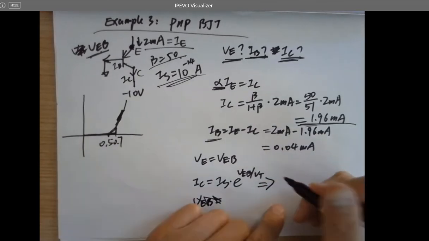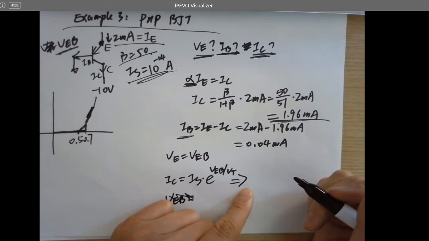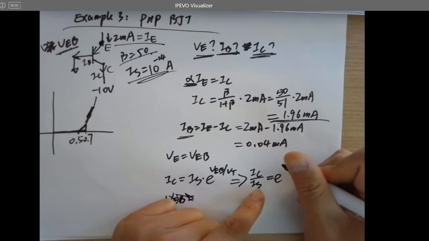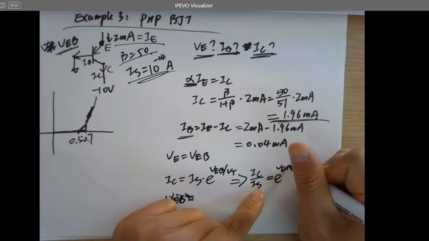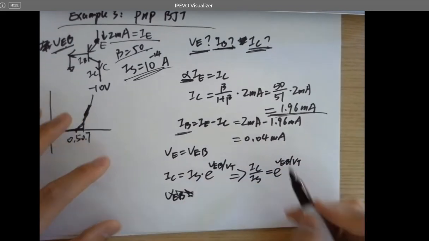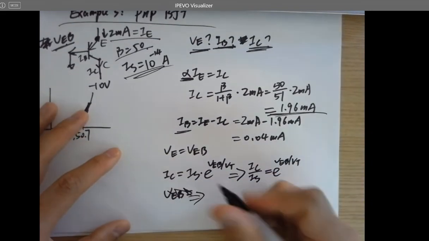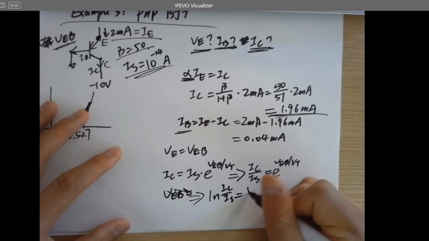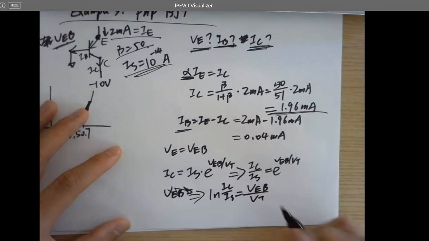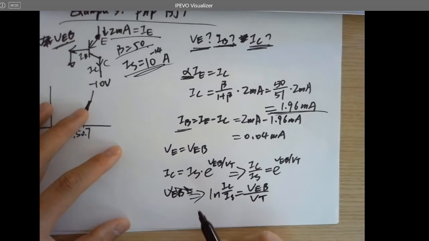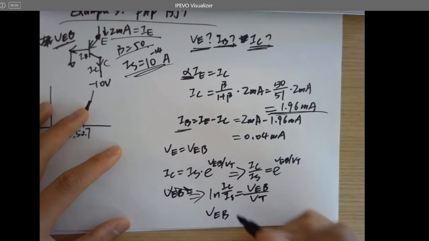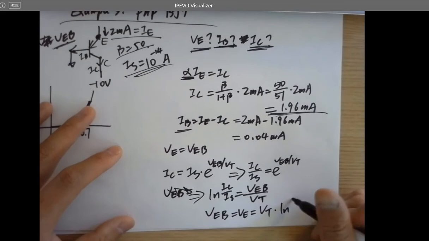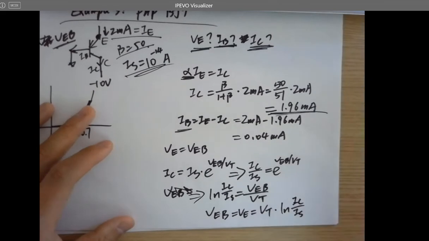So this can be written as IC over IS equals e to the VEB over VT. And taking natural log on both sides, and moving VT to the left, VEB, which is VE, equals VT times natural log of IC over IS. So done with that.